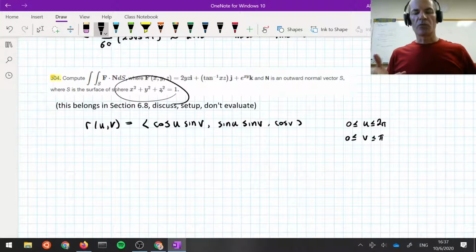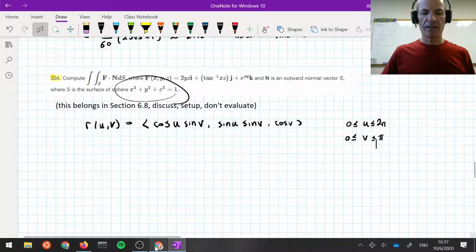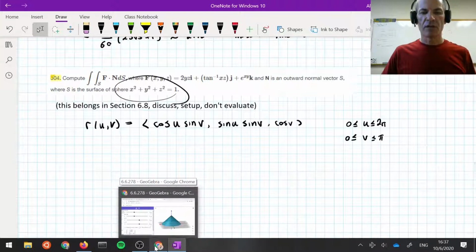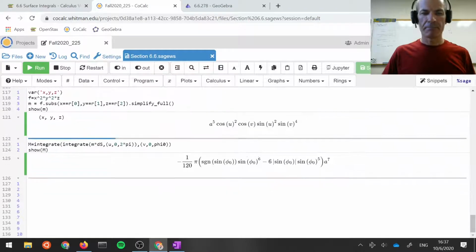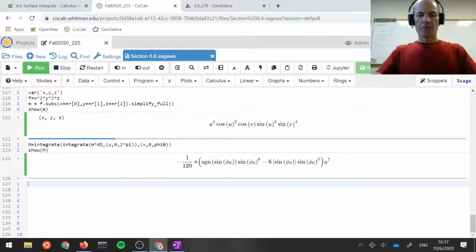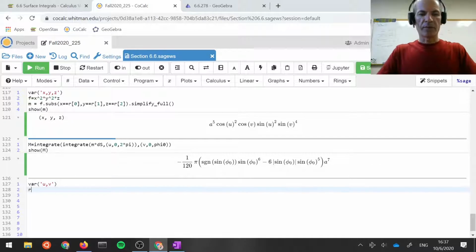All right, you've seen this once, so let's go over to Sage and see how to do this kind of computation on Sage. So we'll declare the variables first, u and v, and then let's write our parameterization as a vector, and we have cosine u sine v, sine u sine v, and then last cosine v.